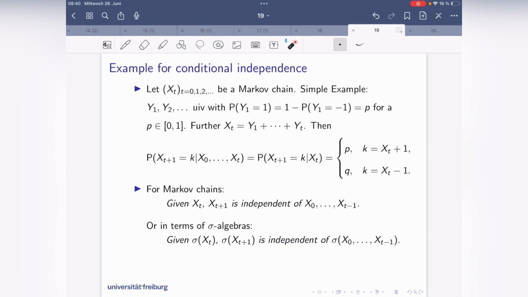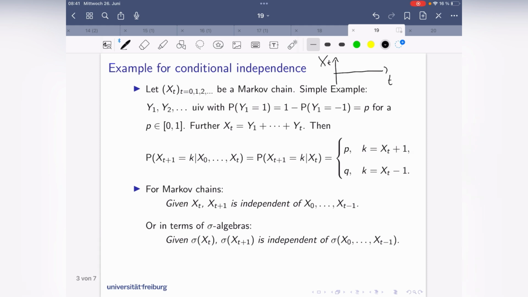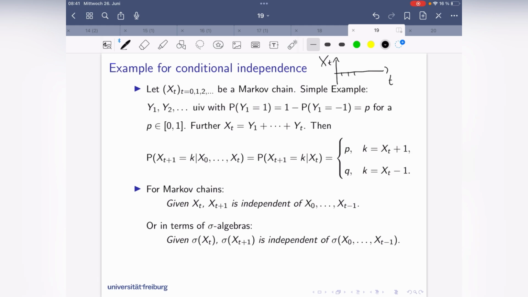Think of a Markov chain. Maybe you did not have this in your basic course, so let me just say what this example here is about. Draw a coordinate system. Here I have t on the right and X_t upwards. In each time step, I have plus or minus 1, which I'm adding or subtracting, like this.